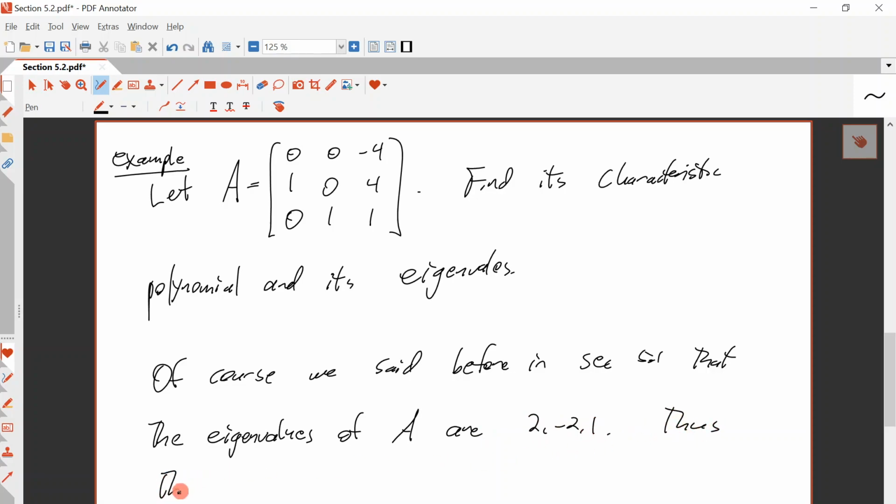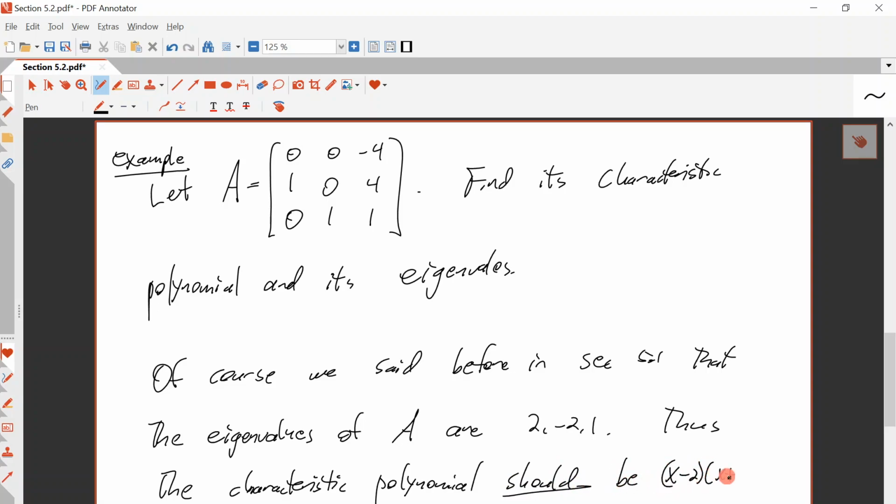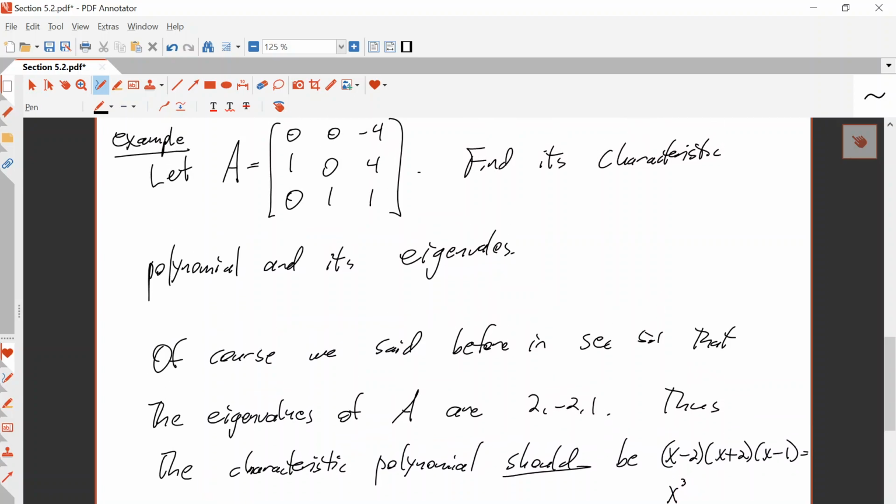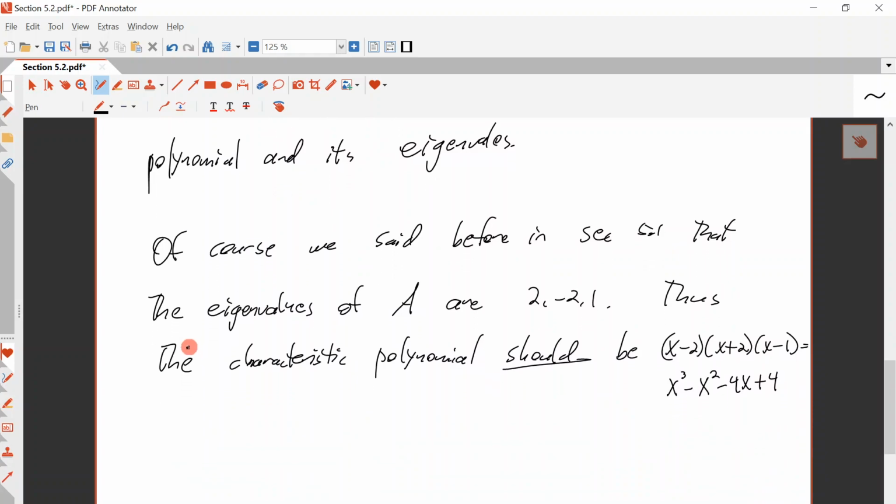Thus, the characteristic polynomial should be (k minus 2)(k plus 2)(k minus 1), which is equal to k to the third minus k squared minus 4k plus 4.